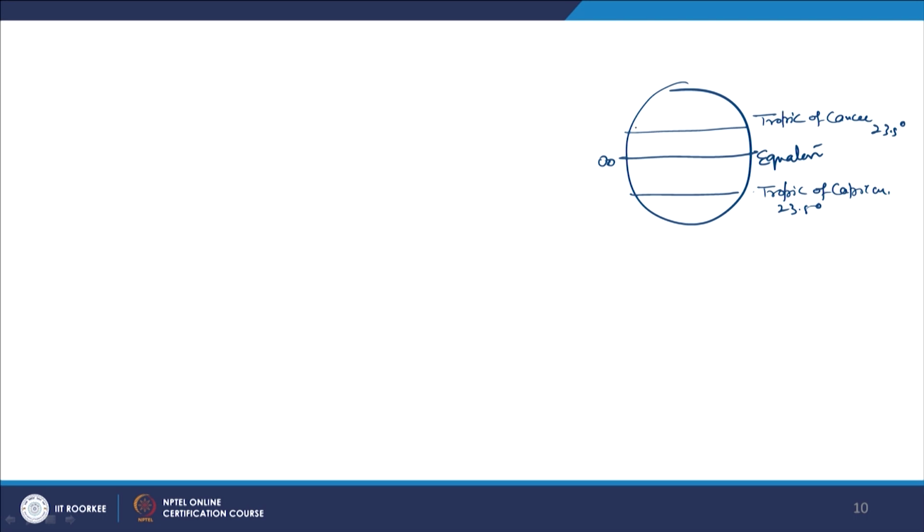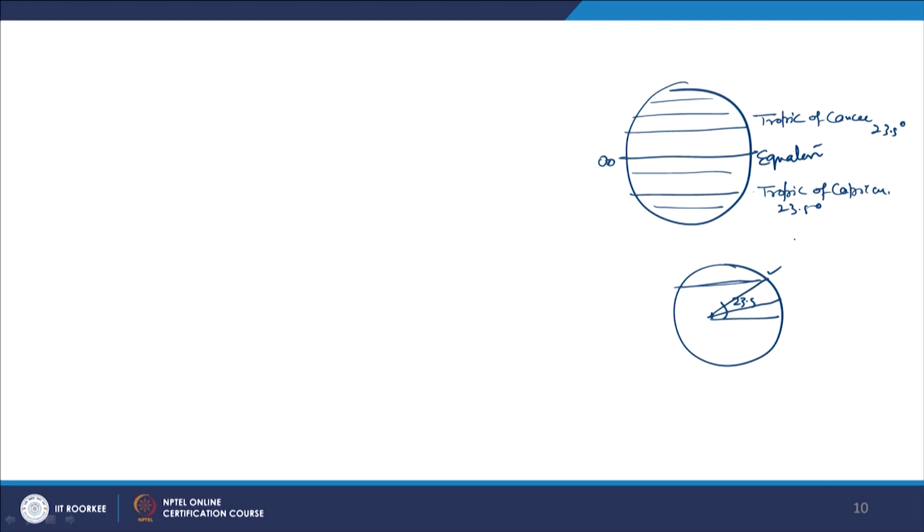And these parallel lines are known as latitudes. If you look at the side of the earth, from the center of the earth, there are latitudes at every degree. So this line at 23.5 is the latitude of 23.5.